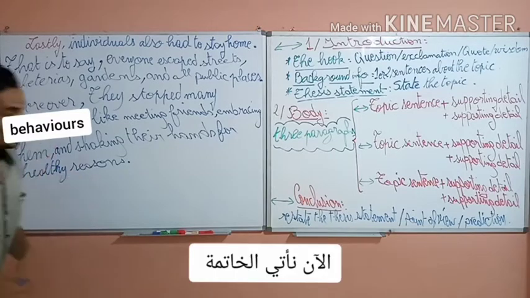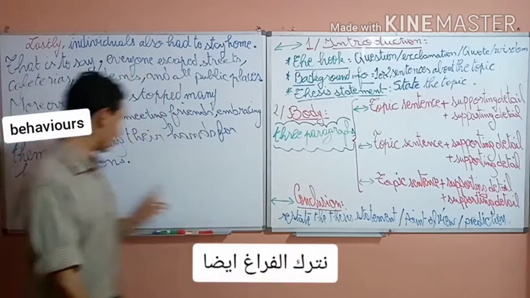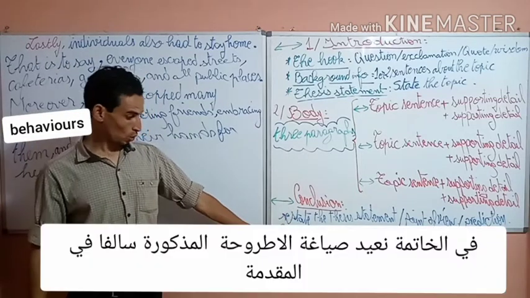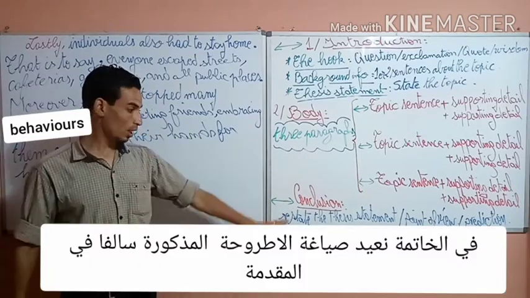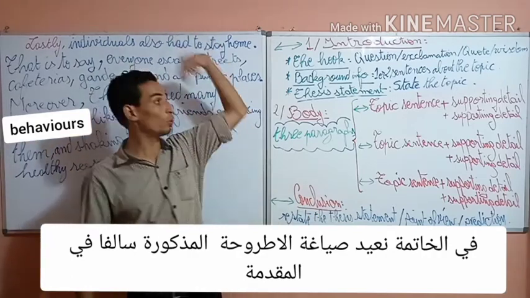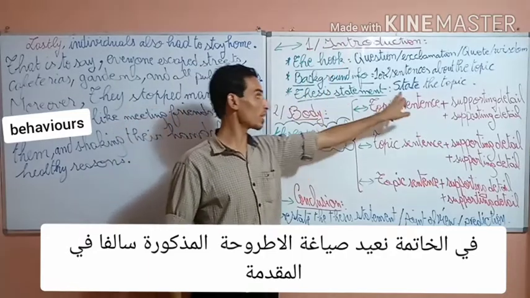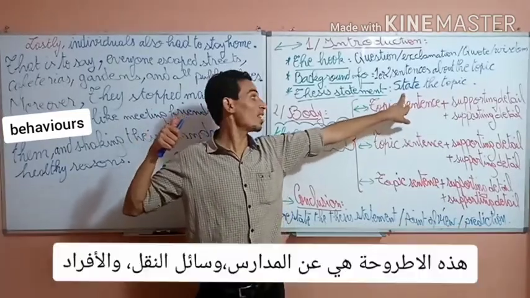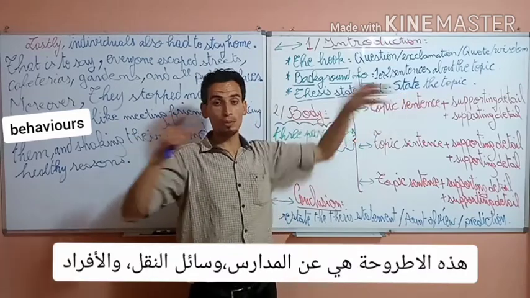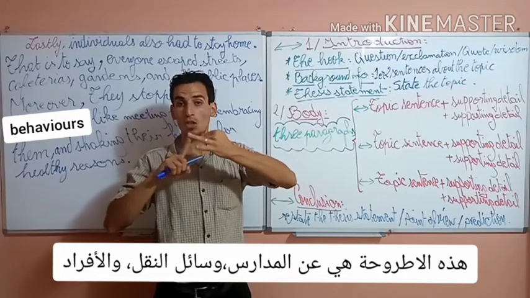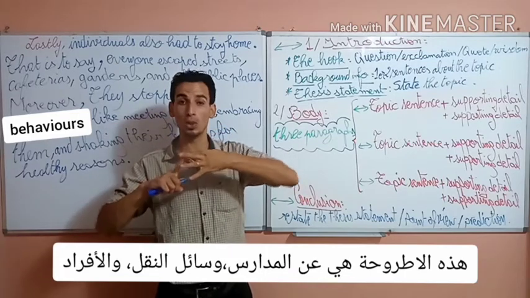Now we come to the conclusion. We also leave indentation. In the conclusion, we restate the thesis statement that is mentioned before in the introduction. This thesis statement is about schools, transportation, and individuals.